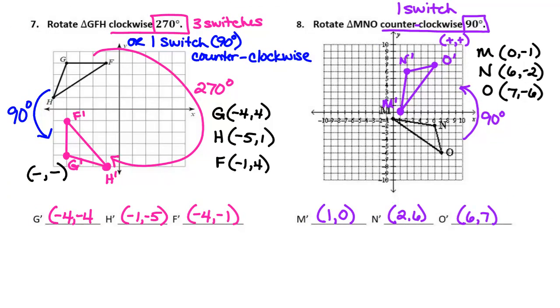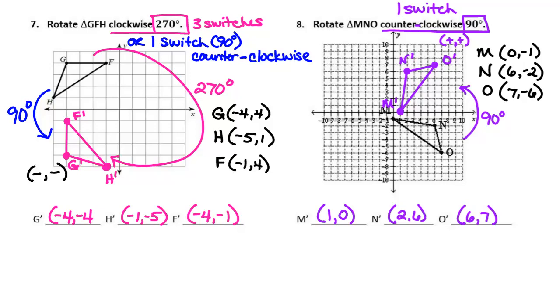All right. What we're going to work on for the rest of the period is taking the 3 different types of transformations we've learned about, translations, reflections, and rotations, and we're going to bring those all together.